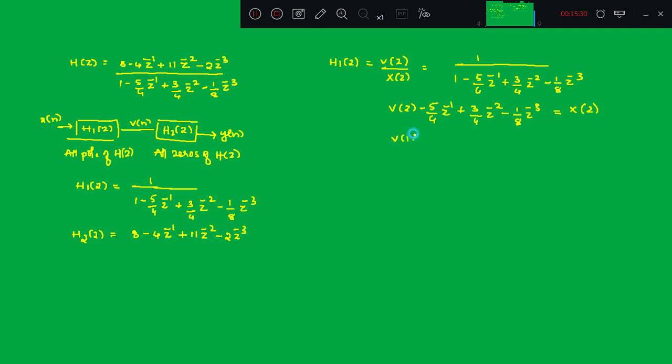So v(n) minus 5 by 4, right? So here each term is multiplied with V(z). Each term is multiplied with what? V(z) after cross multiplication.